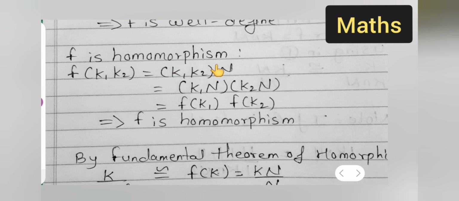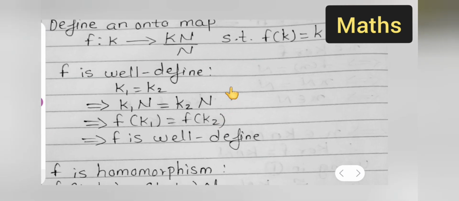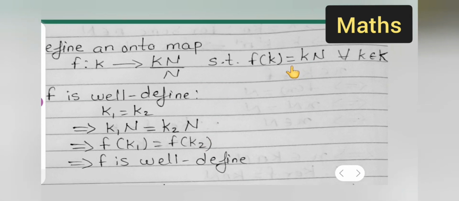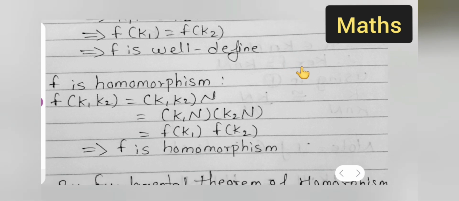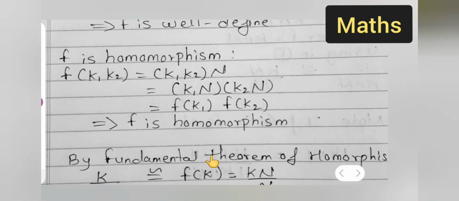To see f is a homomorphism, what we need to do is f of k1 k2 is equal to k1 k2 N. Now take k1 N and k2 N. What condition are we using over here? We are using the condition f of k is equal to kN. So this is f of k1 times f of k2. Now this implies that f is a homomorphism.